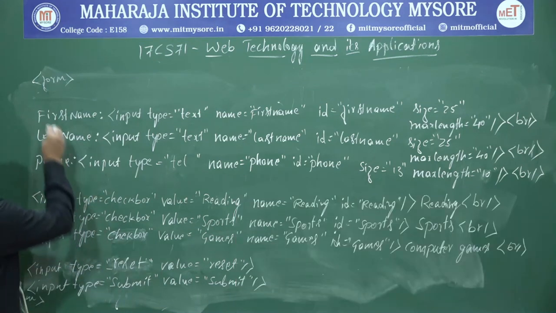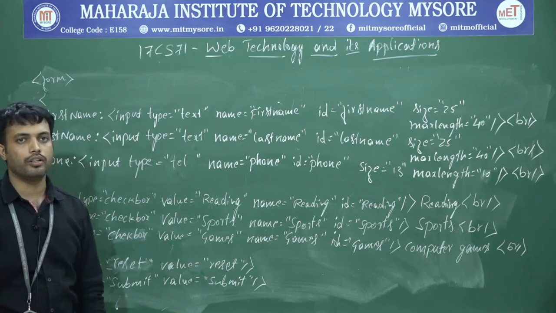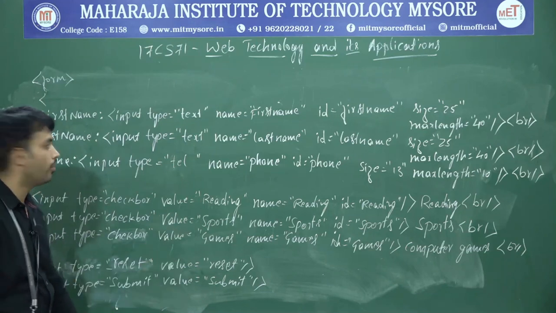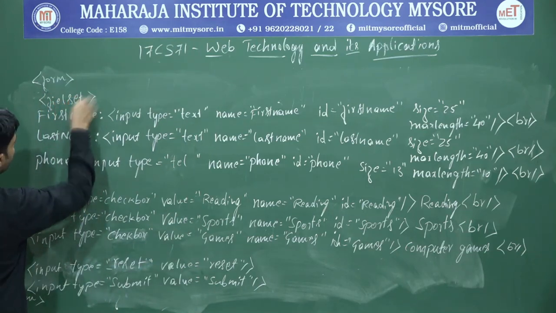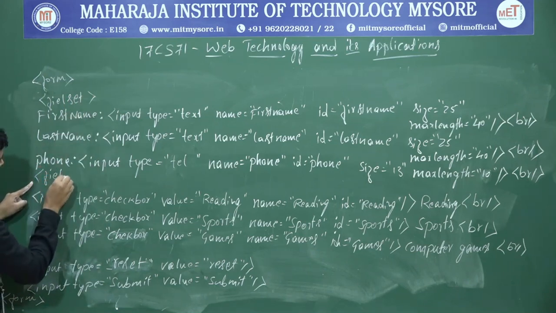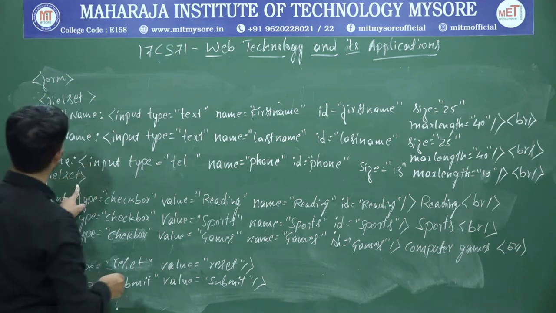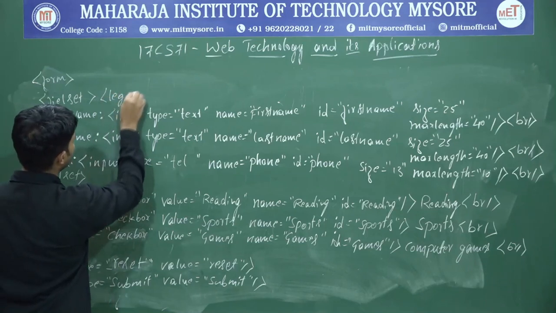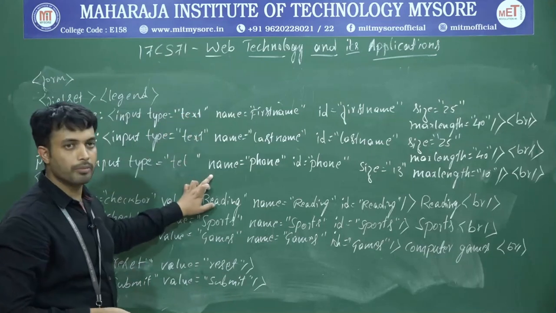Now I'll modify this program in order to group the text boxes, checkboxes and all. For that, field set. After that, I need to close this field set here, the closing tag of field set. Here legend. Within that, these are all personal information, right?